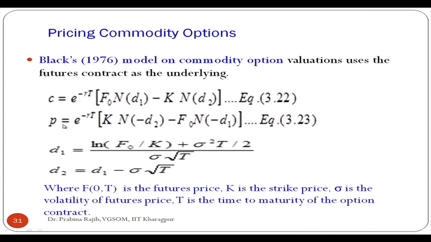Accordingly, put premium is governed by the second equation, that is e to the power minus RT into K N minus D2 minus F0 into N minus D1.